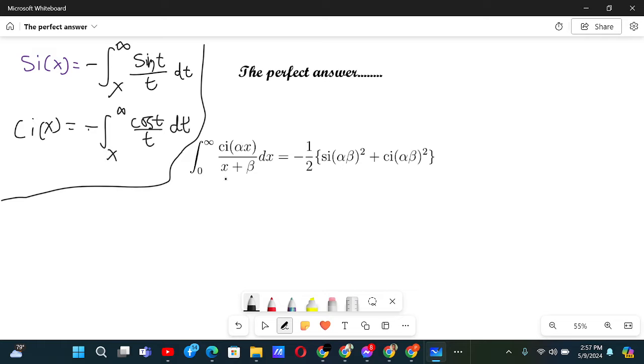So the first thing that we might want to do is to simplify the ci function by changing to cos. For that we can first take I of alpha as these things and then differentiate it.